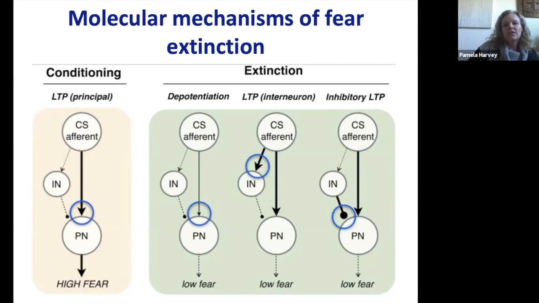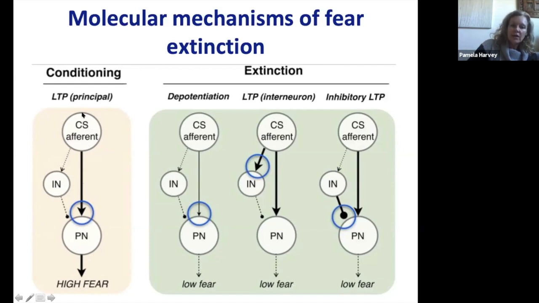Now, the extinction of fear on a molecular level or a cellular level is, again, somewhat controversial. So there are neurons that are receiving the conditioned stimulus, and that afferent projects to what's called a primary neuron. And that primary neuron is the thing in the amygdala that causes fear.